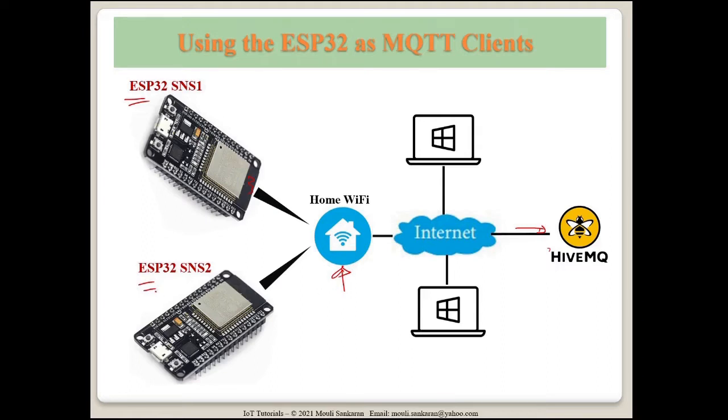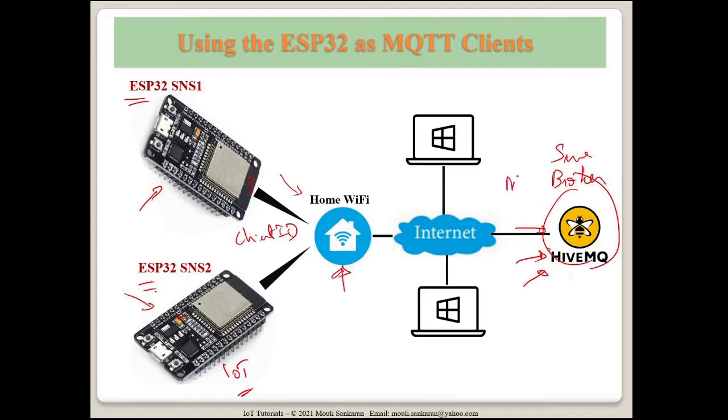I have already loaded the program onto these boards, which knows where exactly this HiveMQ is, its domain or host name, and the registered username and password of the IoT device, because these two are IoT devices and they need to have a client ID. Each of them is going to have its own client ID, and then they are going to send a message to the server, which is where the MQTT broker is running.